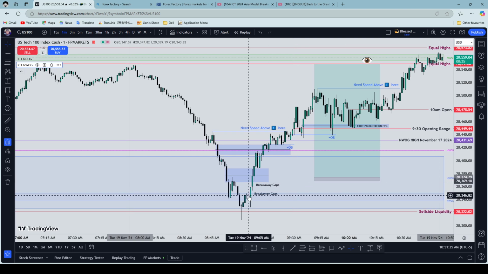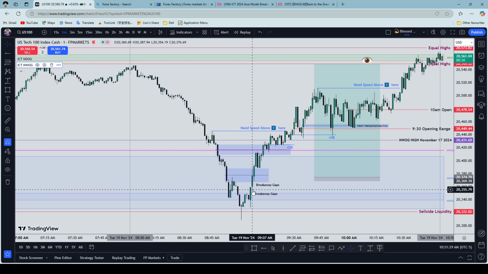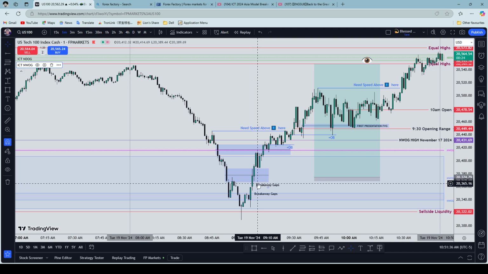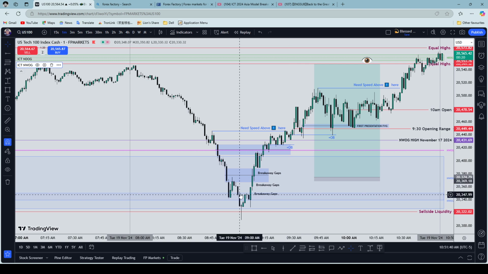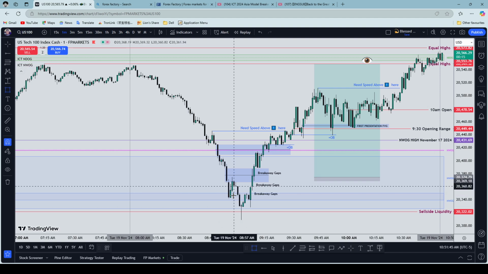This low to this candle here, including the volume imbalance, breakaway gap. Here, breakaway gap. Also a breakaway gap. So this here is showing some strong signs of bullish order flow.